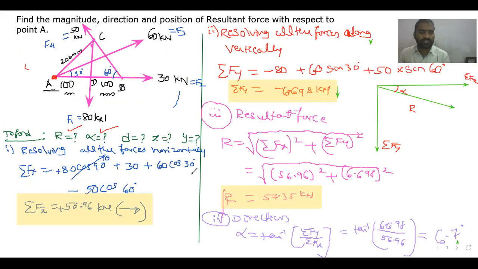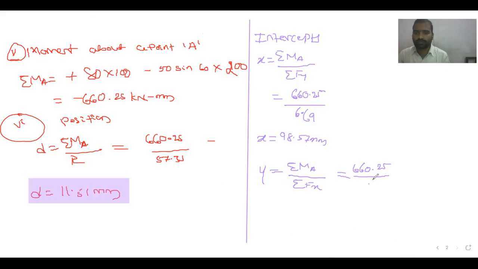Sigma Fx is 56.96. So that you will get the value of y. Y is equal to 11.59. So these are the answers.